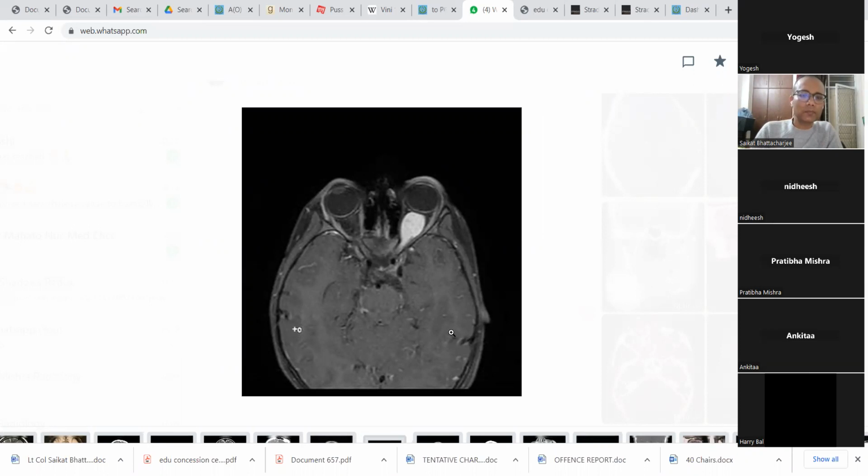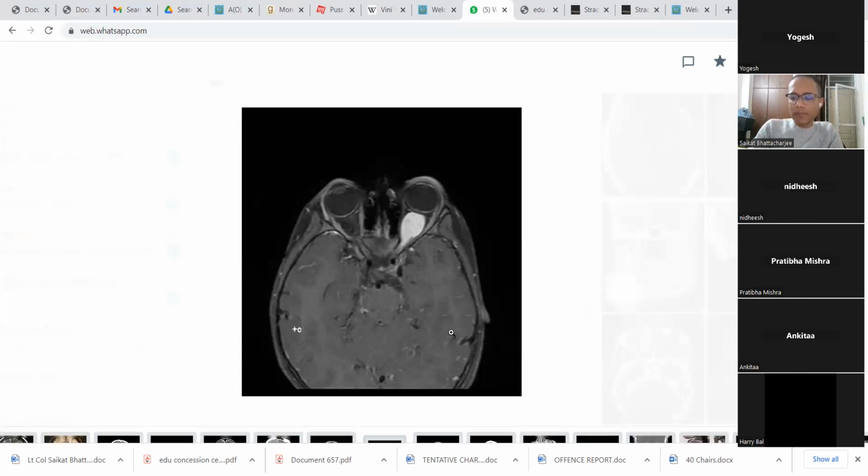Yes, Pratibha? Neurofibroma involving the left optic nerve. Nitish? What two things are there in the optic nerve? Optic nerve meningioma or glioma. Optic nerve glioma and optic nerve meningioma. Okay, Pratibha, put up the imaging differences between optic nerve glioma and optic nerve meningioma.